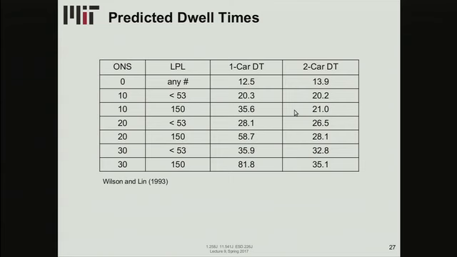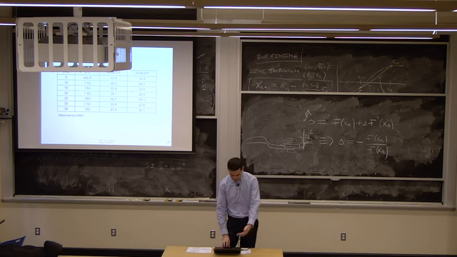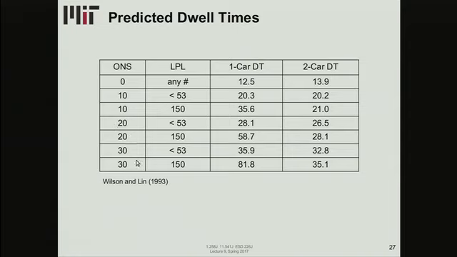That makes sense, right? You have more capacity. And the same thing happens as you move to 20 passengers getting on and 30 passengers getting on, with those differences increasing when you have a crowded train, and the differences between one-car and two-car trains not being that significant when you don't have much crowding, right? So this should more or less make sense.